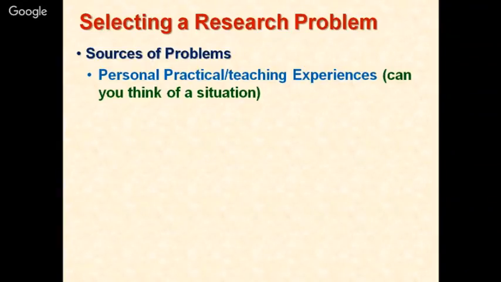Because as a teacher, you want that your students should perform to a minimum acceptance level, and some students are not able to perform. So you feel that there is some problem. You feel what is wrong. You are puzzled, and then you do some kind of brainstorming, or you consult with your friends and colleagues about what could be the possible reasons, and you prepare a list of possible reasons.